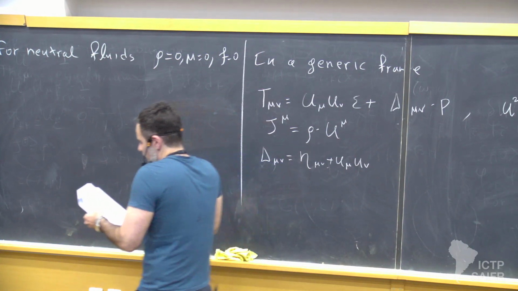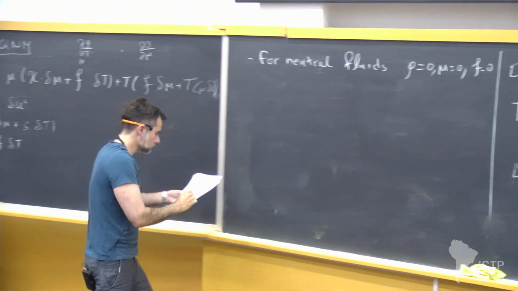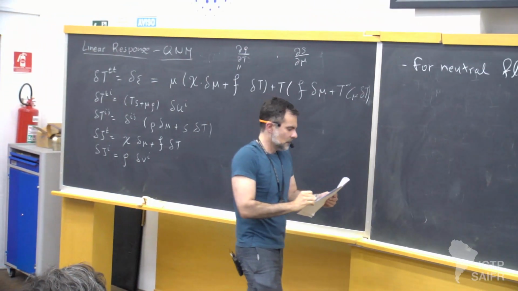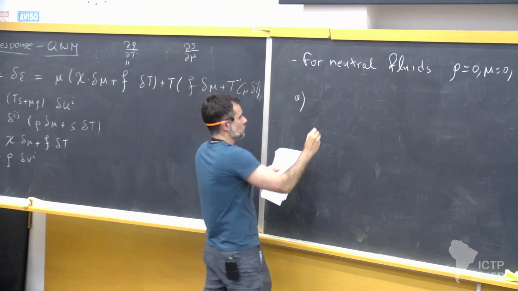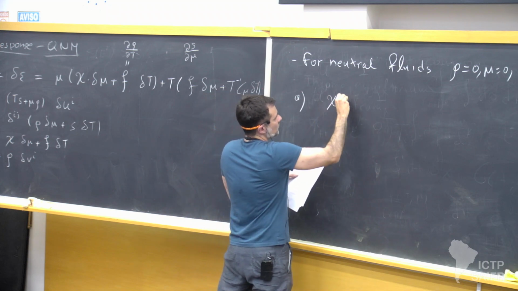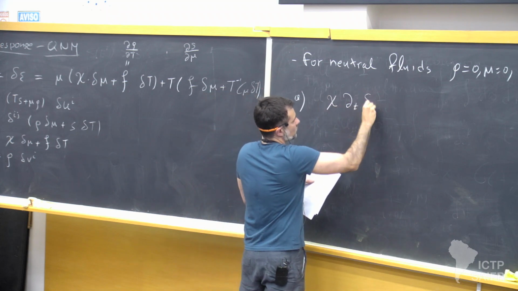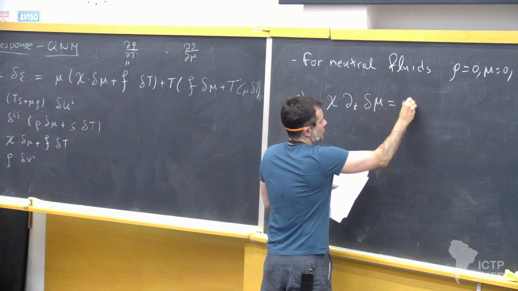Now, in this case, the Ward identities are going to give me 3 much simpler equations. So we'll get that chi times the time derivative of the variation of the chemical potential is 0.